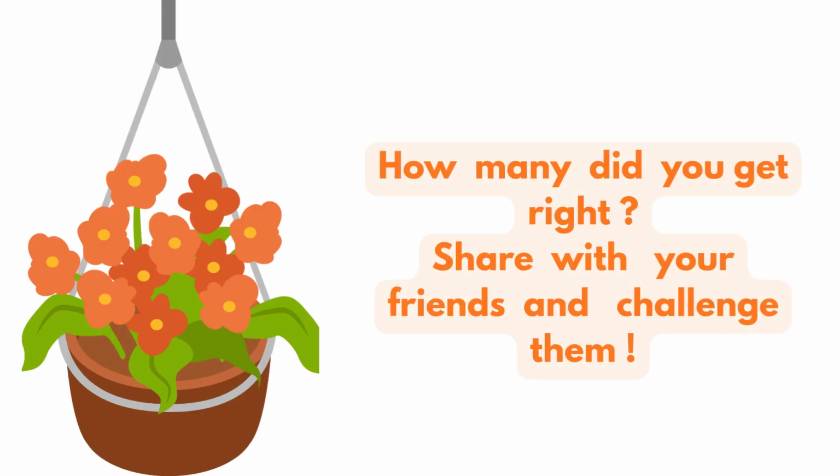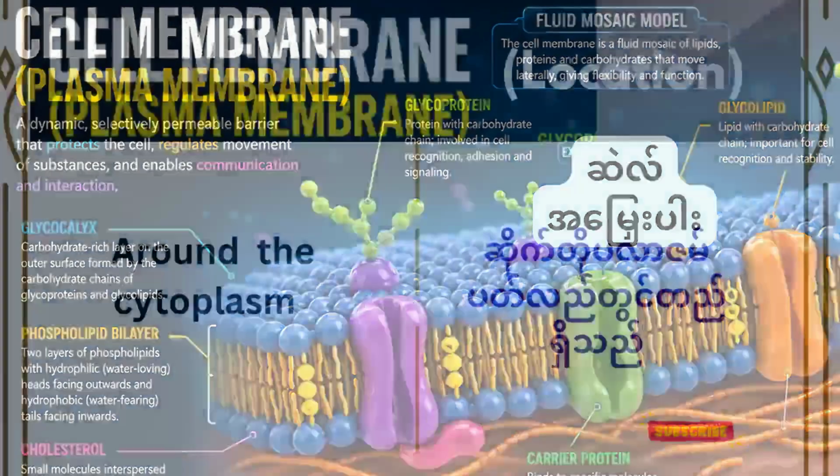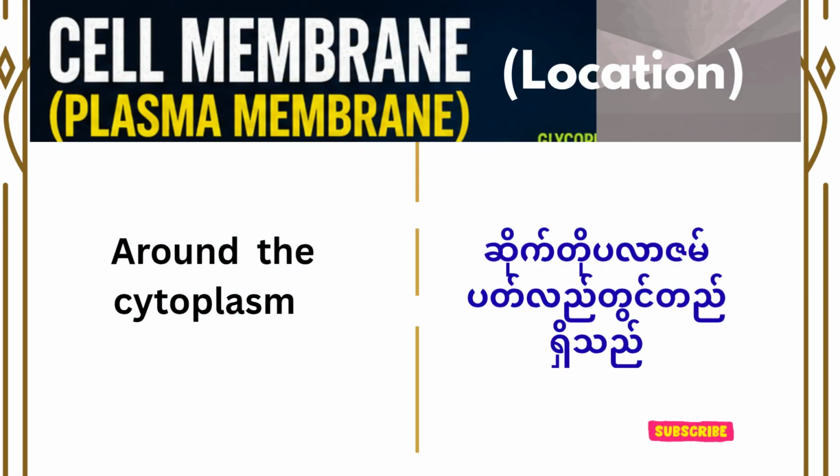How many did you get right? Cell membrane. Location: around the cytoplasm.